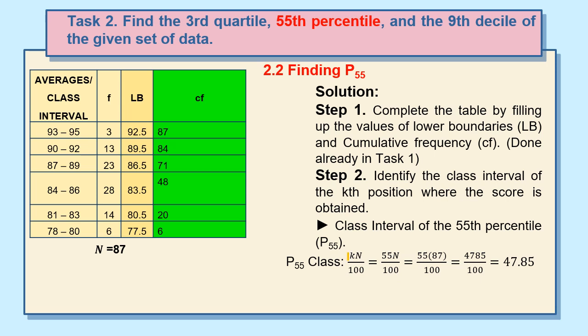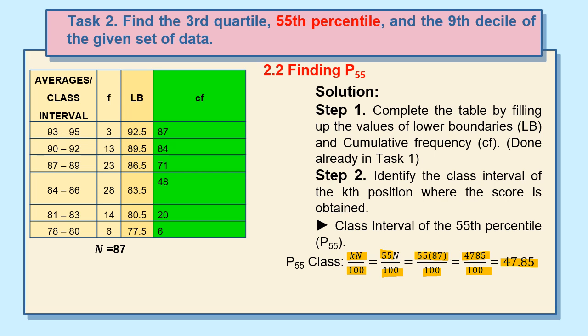Let us use the formula Kn over 100. Our K is 55 because it is the 55th percentile. And we have the denominator 100 because it is a percentile. Then we have our n, 87, and we multiply it by 55 and divide by 100. So we have 4,785 divided by 100, which is equal to 47.85.